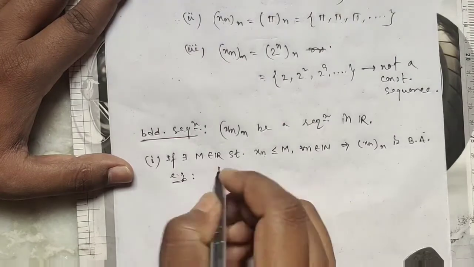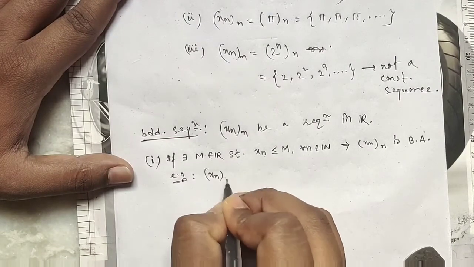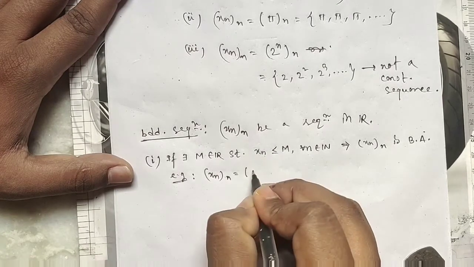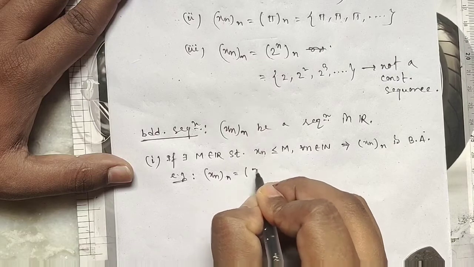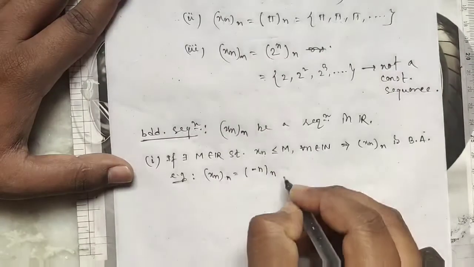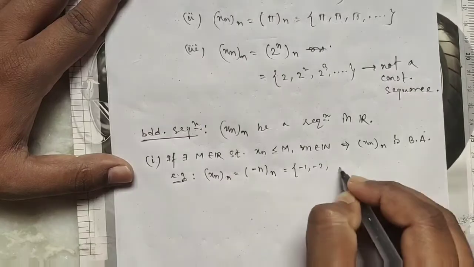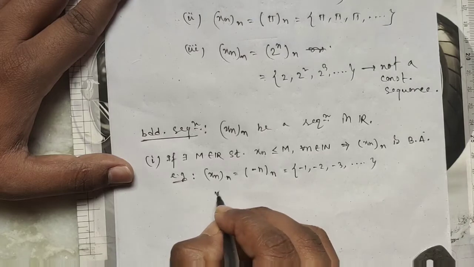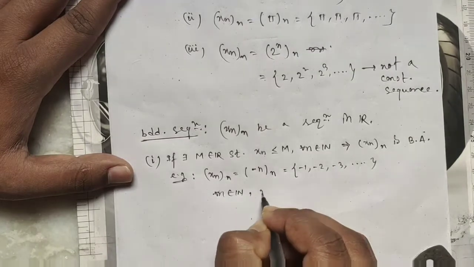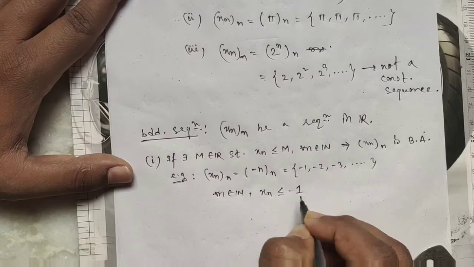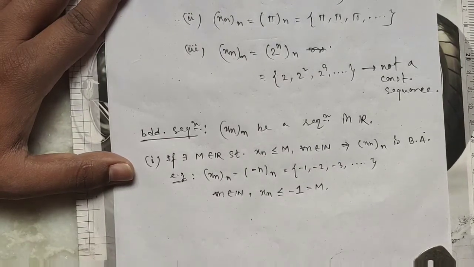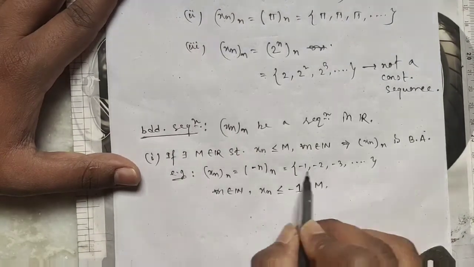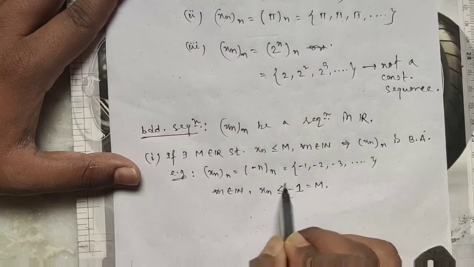For example, the sequence minus n. This is the sequence minus 1, minus 2, minus 3 and so on. So for all n belongs to natural number, xn is less than or equal to minus 1. Okay, this is our M. Every member is less than or equal to a fixed number.